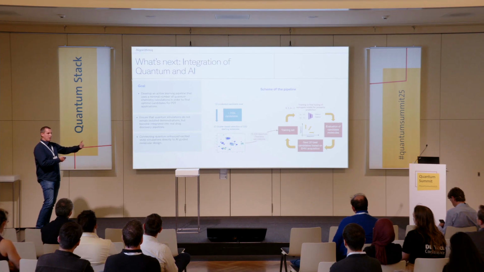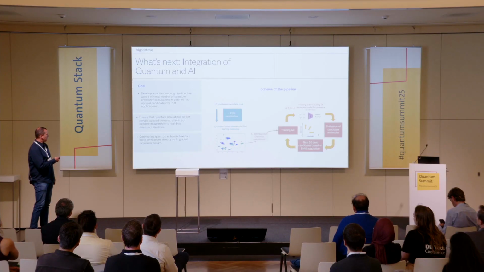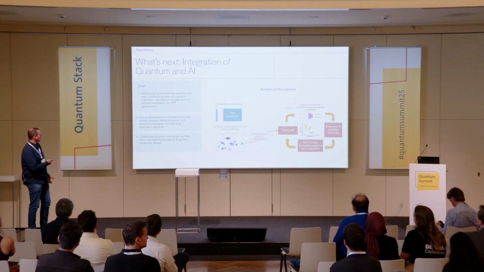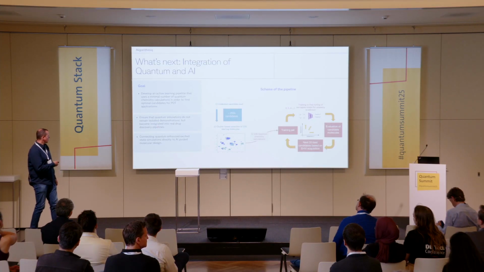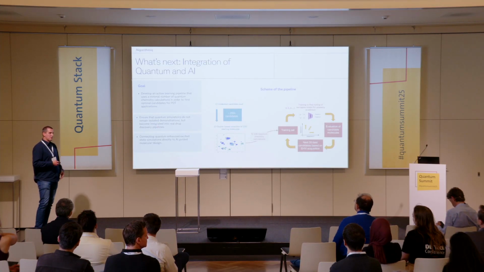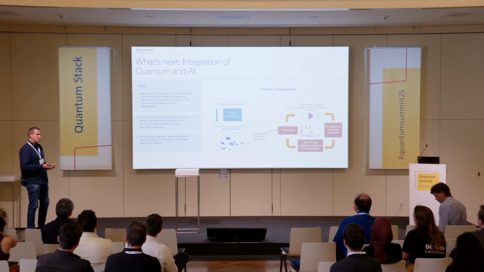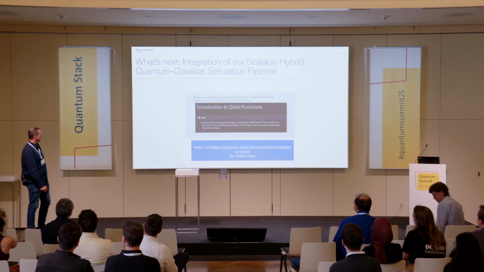So we need to enrich the data set for a machine learning model, and this is where quantum comes in. We want quantum solutions not to remain isolated demonstrations, but to become integrated into real drug discovery pipelines. And that's where the pharma industry is heading, using machine learning-based pipelines to explore the chemical compound space.